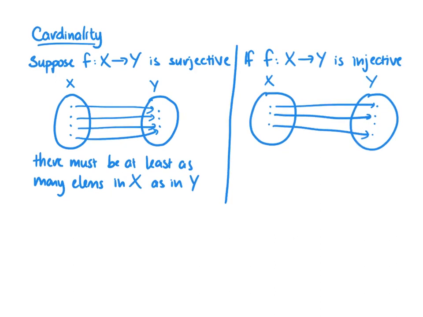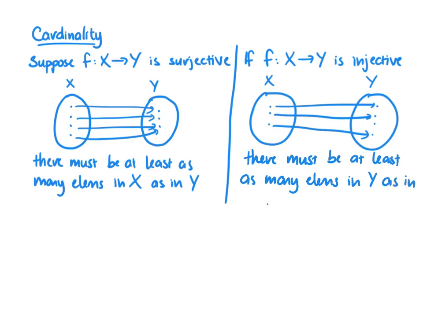So in order for that to happen, y has to have at least as many elements as x in order for there to be enough places to go to. If we want distinct elements to be mapped to distinct places in y, y has to have size that's at least as big as x. That's the rough idea of how functions can tell us about relative sizes of sets here. So there must be at least as many elements in y as in x.